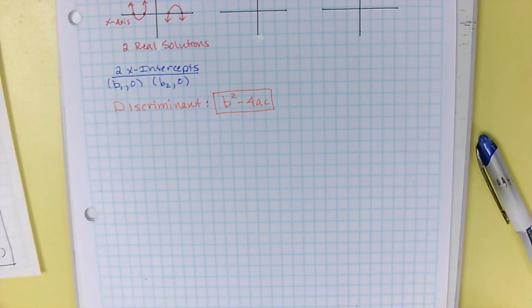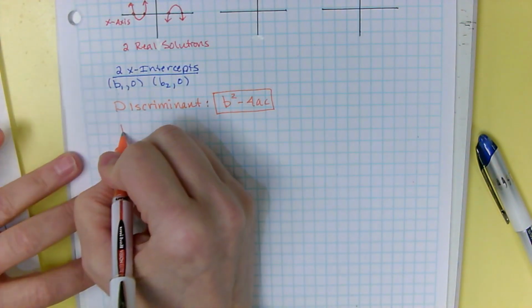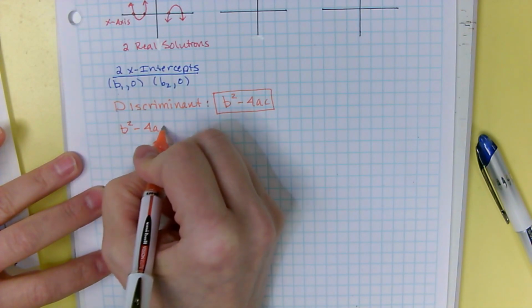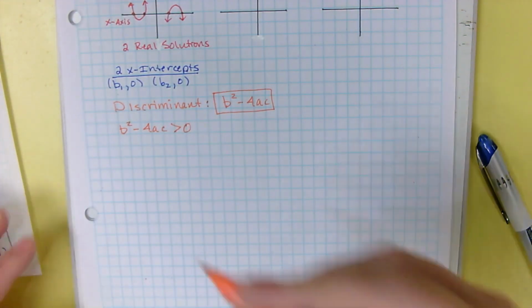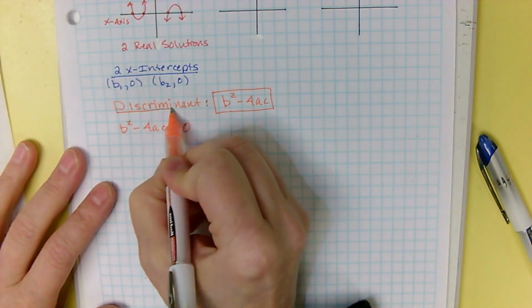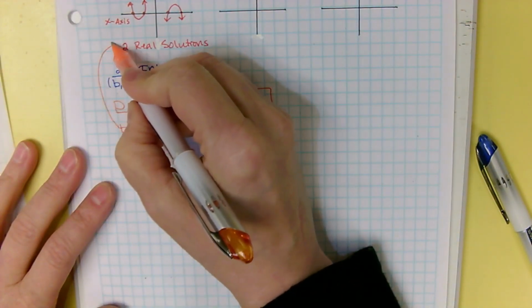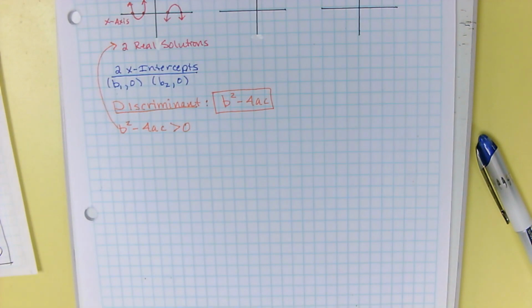If your discriminant ends up being a positive number, so if b squared minus 4ac is greater than 0, then you have two real solutions.